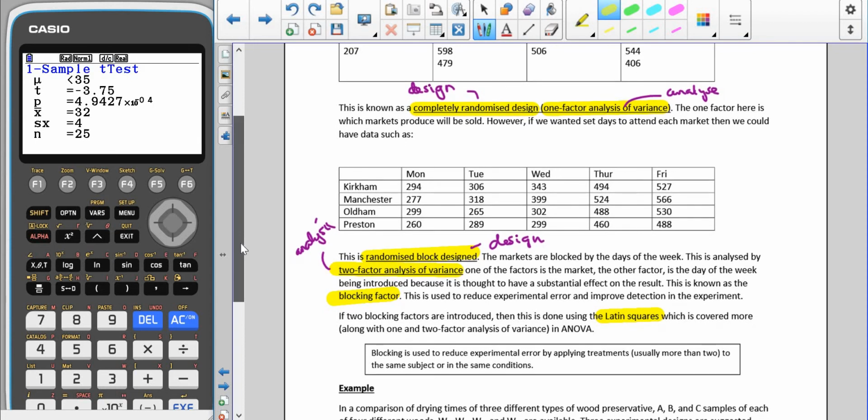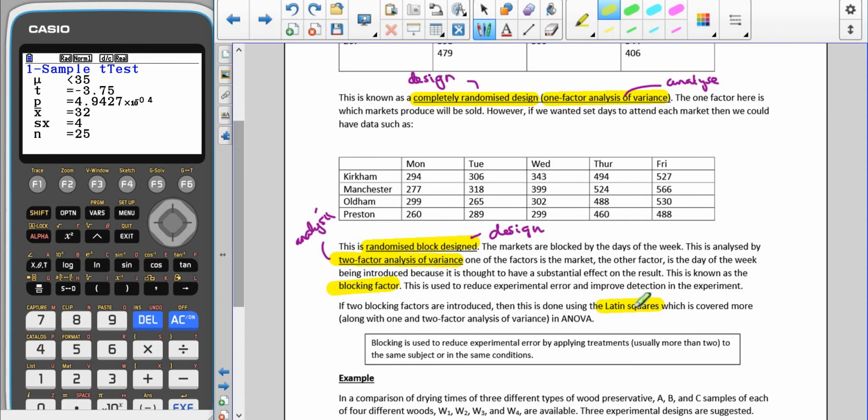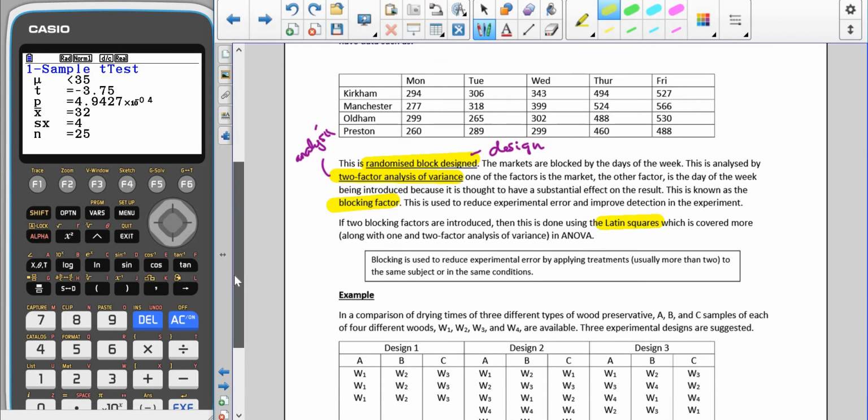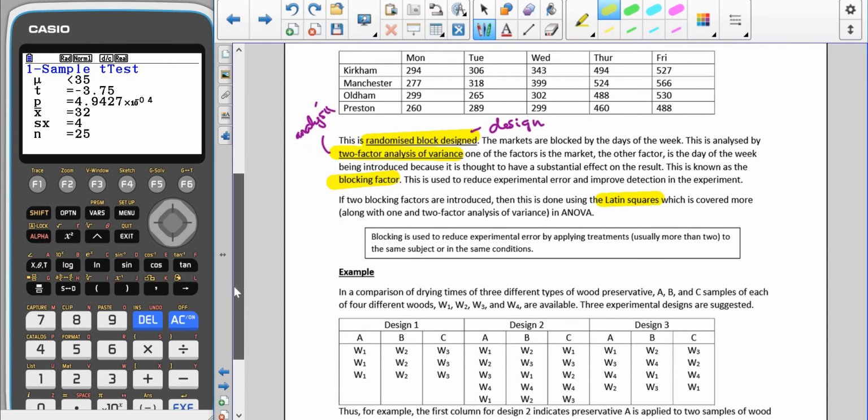So together we have three forms of analysis, which are the Latin square, the two-factor analysis of variance, and the one-factor analysis of variance. And we have two different types of design, which is the completely randomised design and the randomised block design.